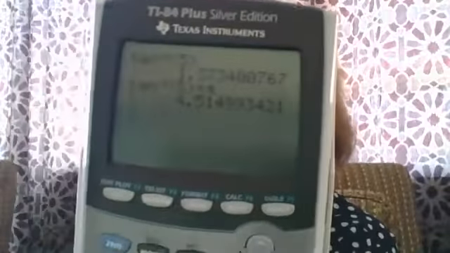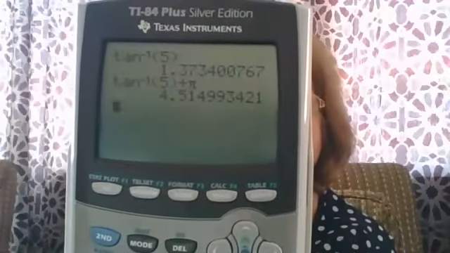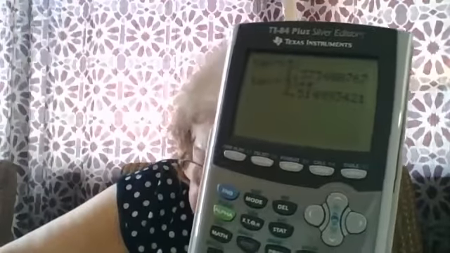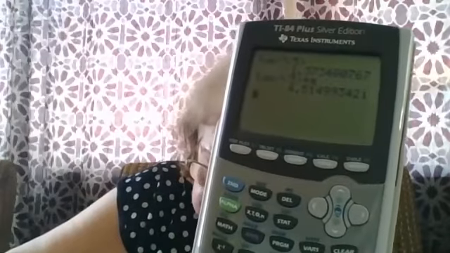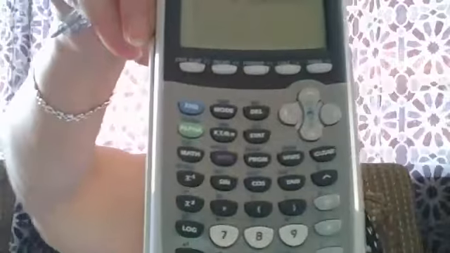Pi is on the button which is second and the caret, and push enter. Arctangent of 5 plus pi is about 4.51, approximately 4.51. Is it in our interval? Yes, it is in our interval. And I do not have other values anymore. So I solved this.